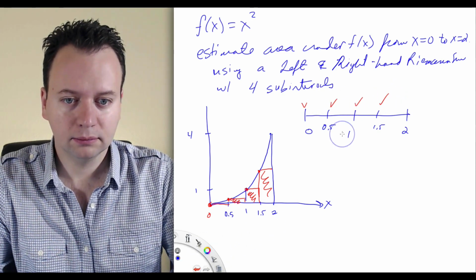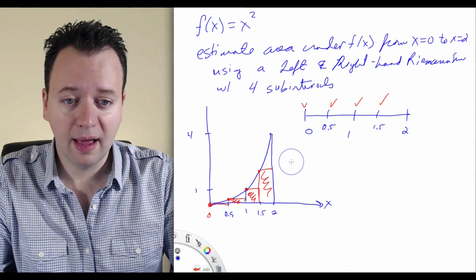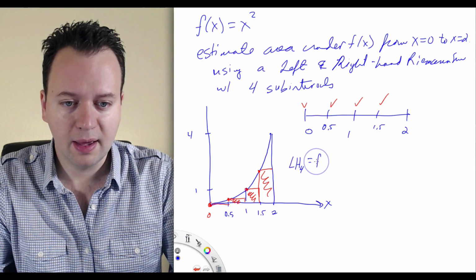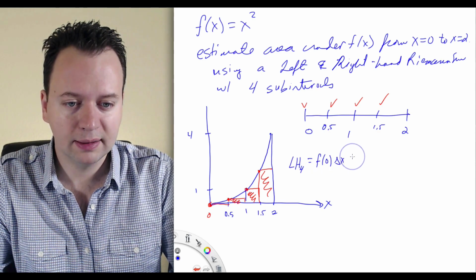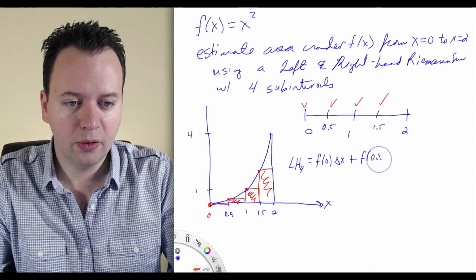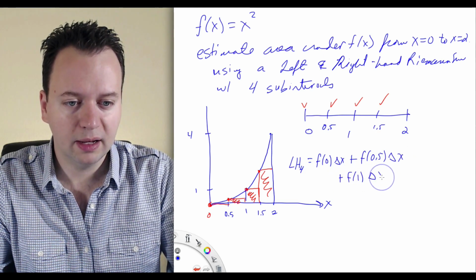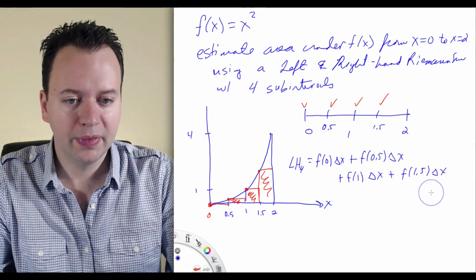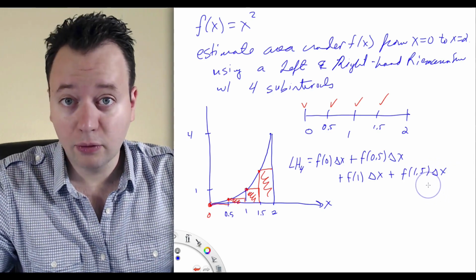So the left-hand Riemann sum with 4 subintervals is going to be f of 0 delta x plus f of 0.5 delta x plus f of 1 times delta x plus f of 1.5 times delta x. So that's what the formula for the left-hand Riemann sum will give you.